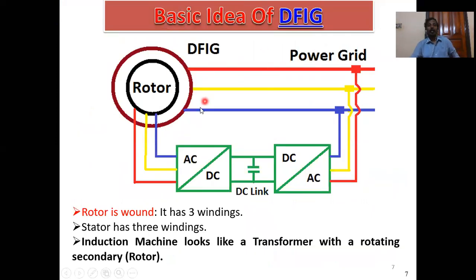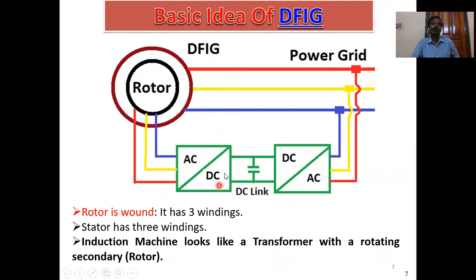Basic idea of DFIG. This is the architecture or basic configuration of the double fed induction generator, where this section is the rotor and the outer section is the stator. The stator is directly connected to the power grid or microgrid. The rotor is connected through the rotor side converter.